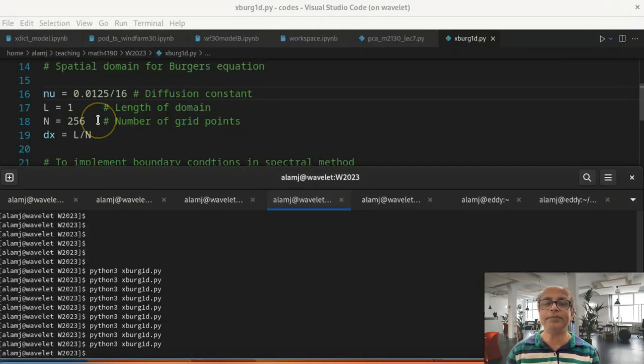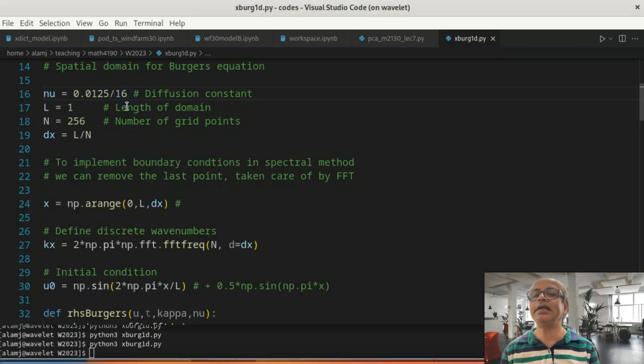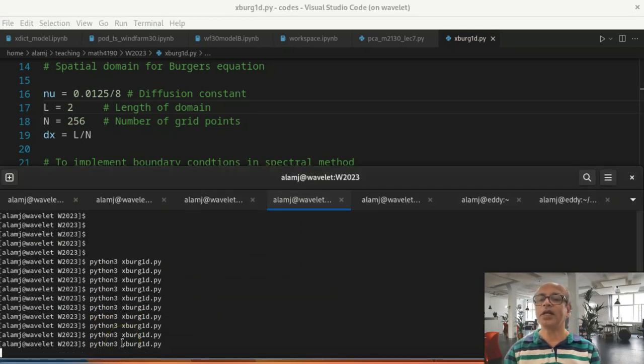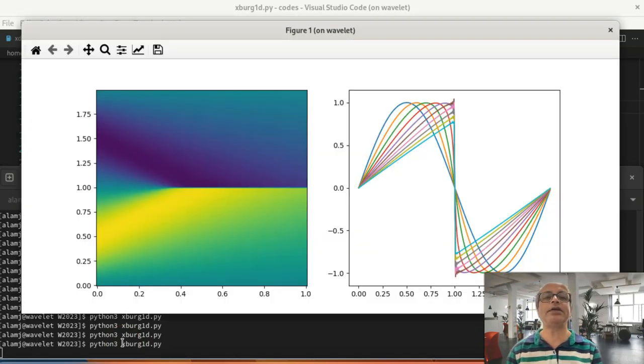Another way I can look at this, say I reduce viscosity by a factor of 8 instead of a factor of 16, but increase the domain size from 1 to 2 and run the code. It should be similar to making the diffusion small, but this time I can see a slightly different behavior.